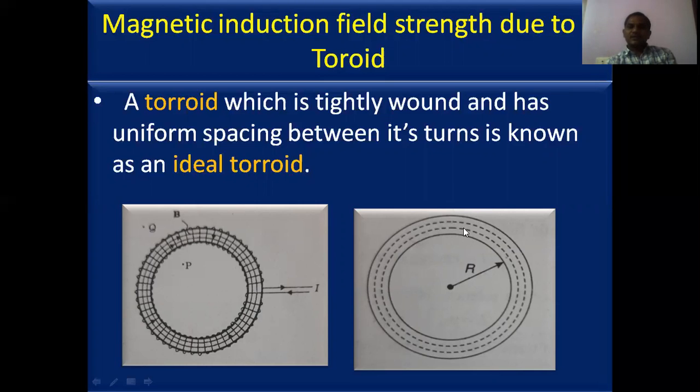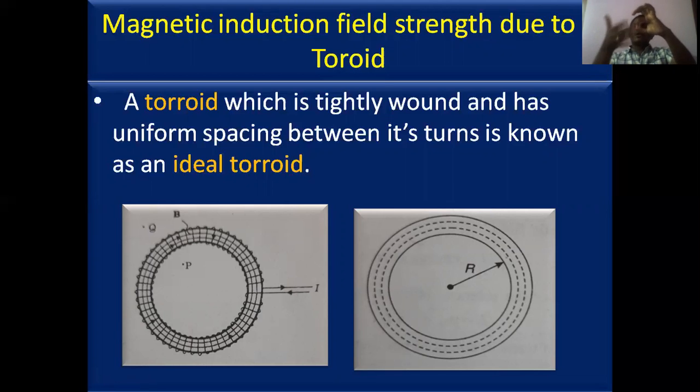Observe this figure, the dotted lines represent the magnetic lines of force. Say, for example, this is the toroid. The turns are wound in this direction. The current is flowing through the turns in the toroid in this direction, right?